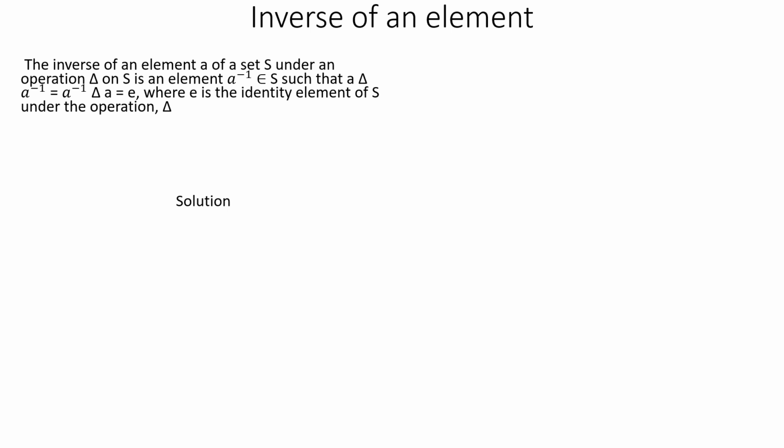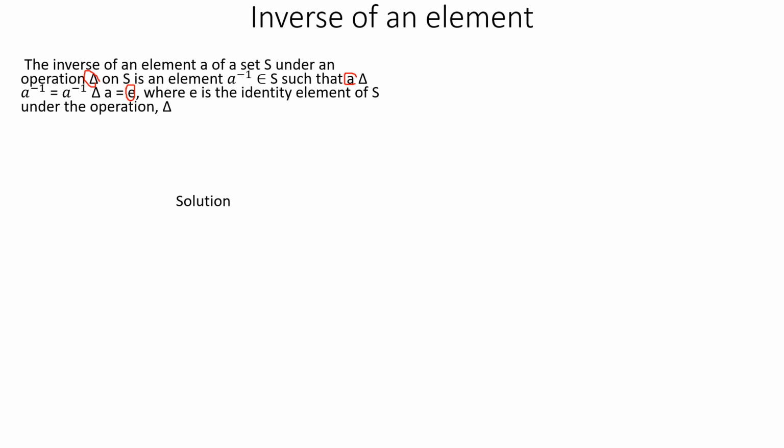By definition, mathematically, the inverse of an element A of a set S under an operation is an element whose inverse belongs to the set S such that A operated on A inverse is equal to A inverse operated on A, which is equal to the identity element E. It means that if you operate a number on its inverse, they should be commutative and the end result should be an identity element.